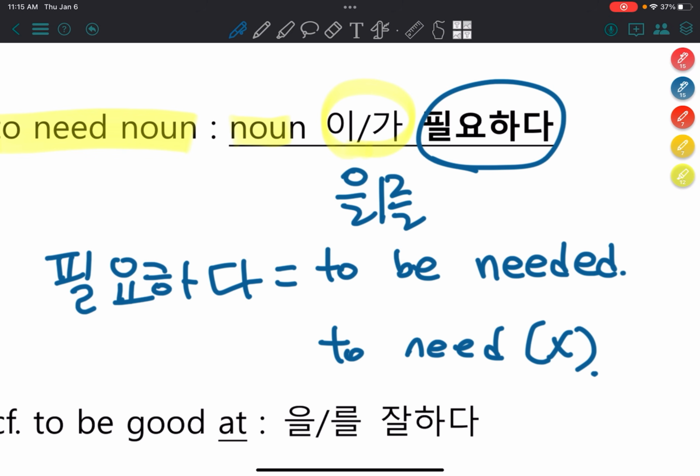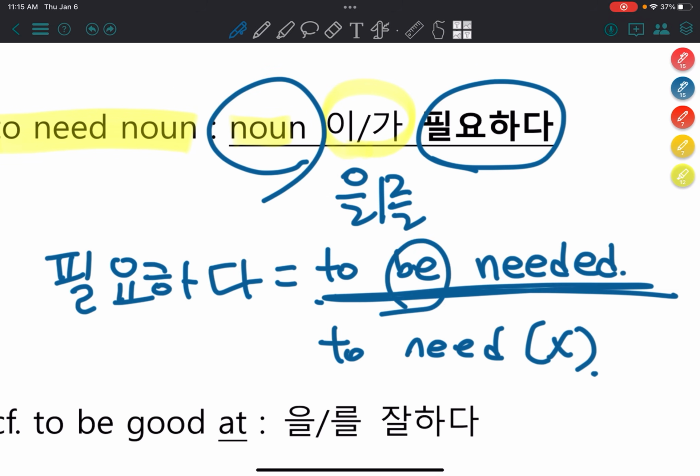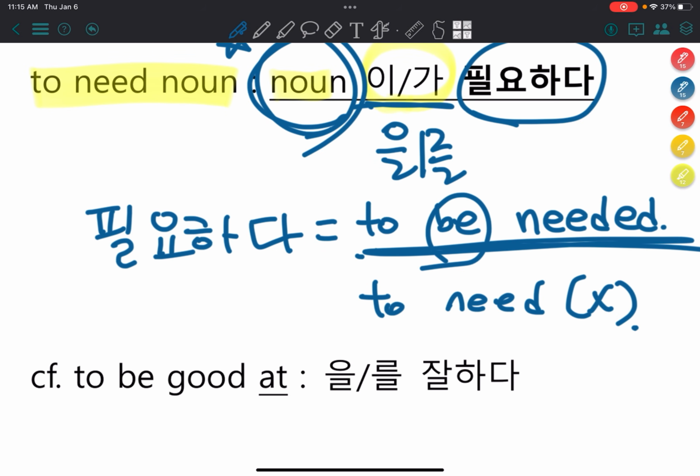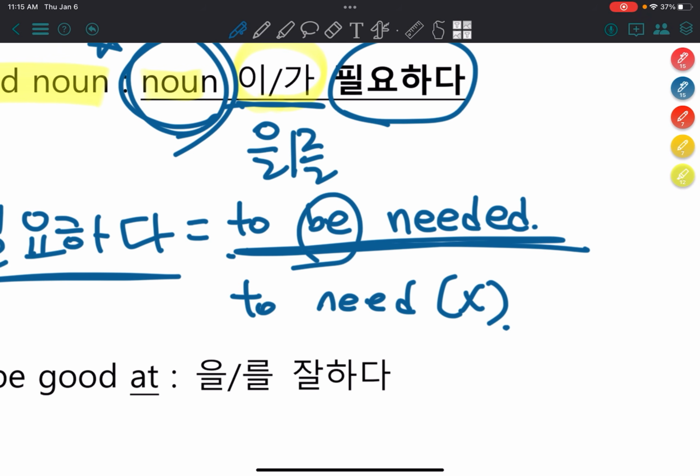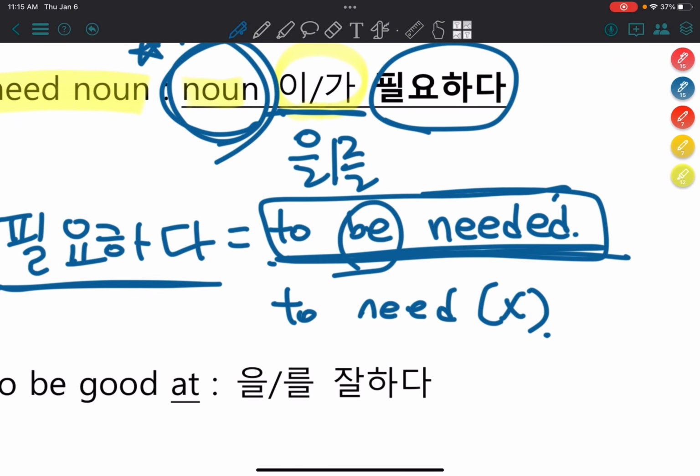So when something is needed, that something is always a subject, right? Something is needed. That's a subject. That's why 이/가 is used. So 필요하다 is a descriptive verb that means to be needed.